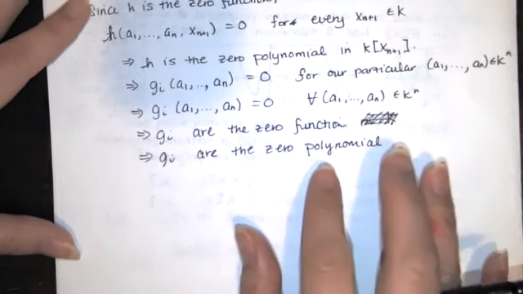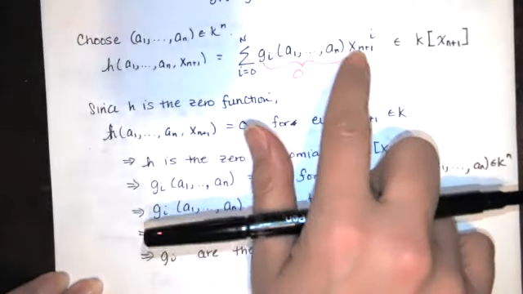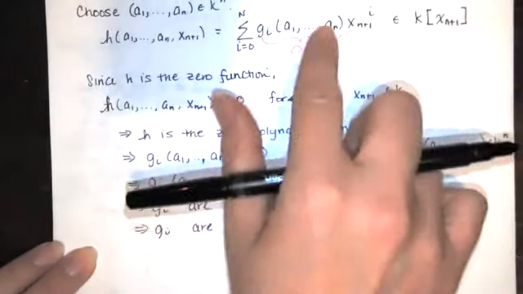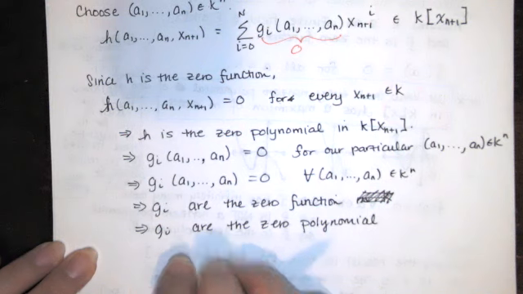Since these are all the zero polynomial, well, then I have a bunch of zeros multiplying x to some power for every x sub 1 through x sub n. Watch that, be careful about that.